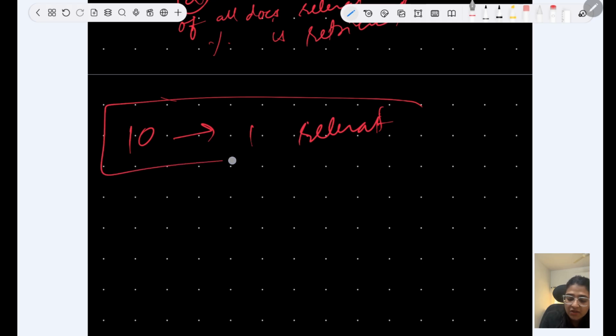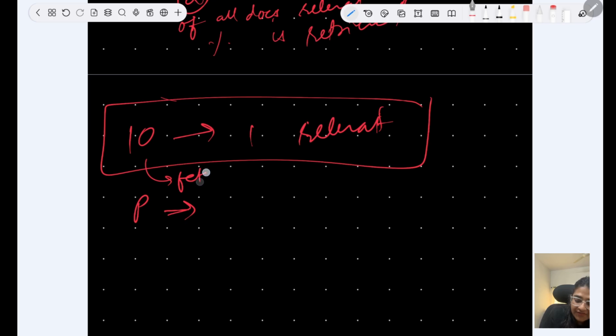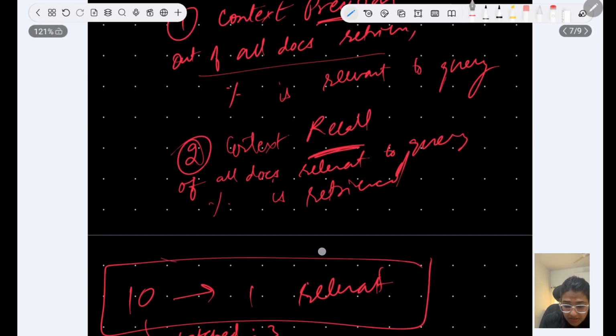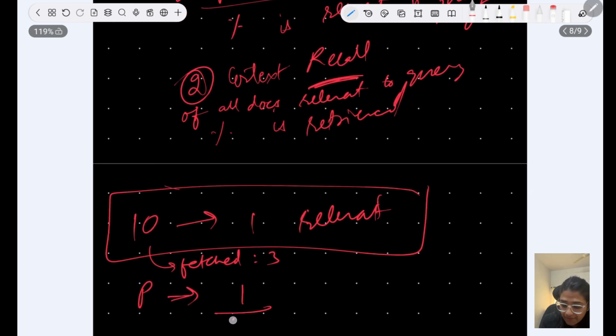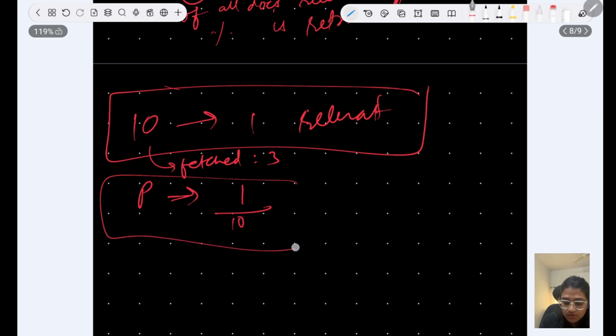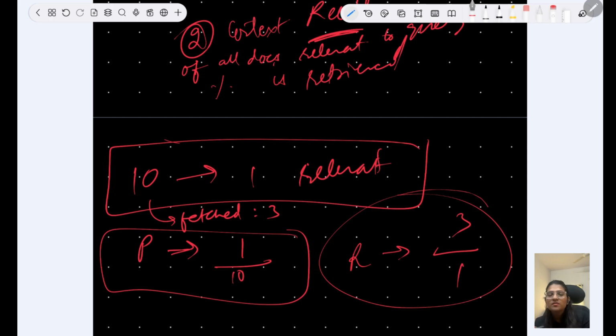If we fetched 3 documents, then precision is what percentage of the fetched documents is relevant to the query, so that would be 1 out of 3. And recall is when out of all the documents relevant to the query, it was only 1, and that was fetched. It could be high, it could be low. This is how you can evaluate.